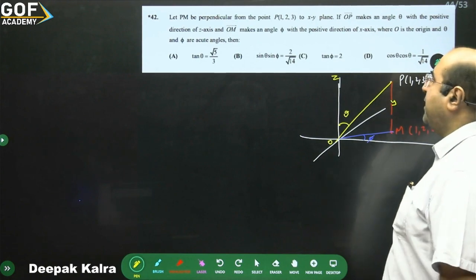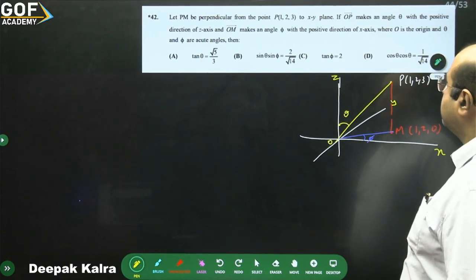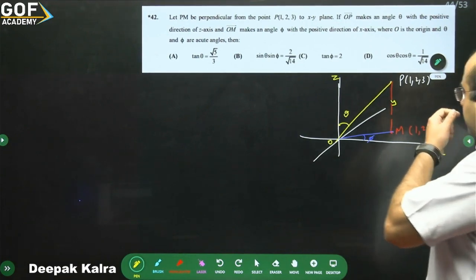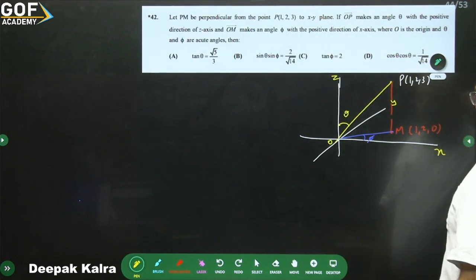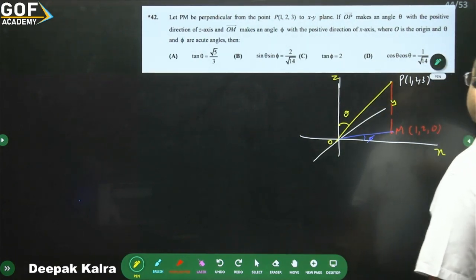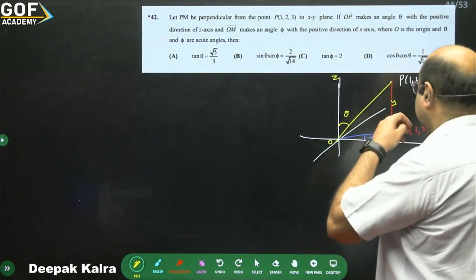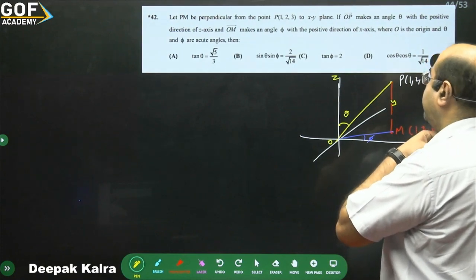Then theta and phi are acute. Okay. What do they want? Which one is correct? Tan theta.